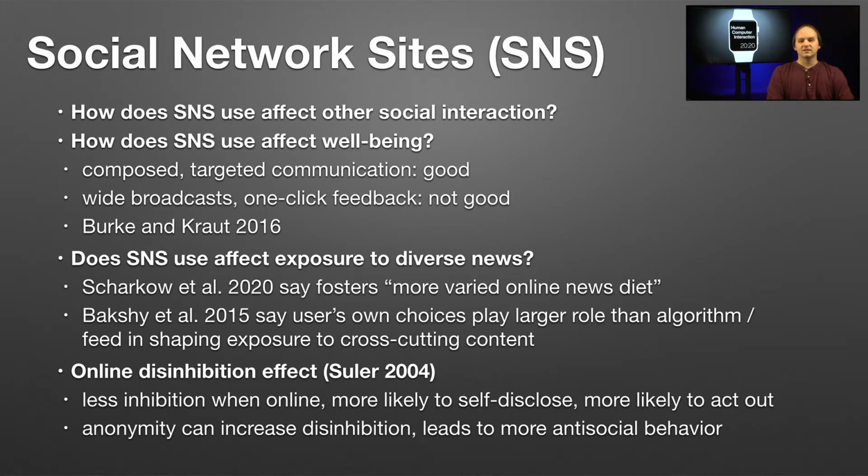It could be that the social networks themselves do reduce the diversity of the news you're exposed to in comparison to, say, watching a news broadcast or reading a newspaper website or an actual newspaper. But when we investigate the question of specifically the algorithms, we find that they don't play as large a role as the user themselves. So that's kind of good.